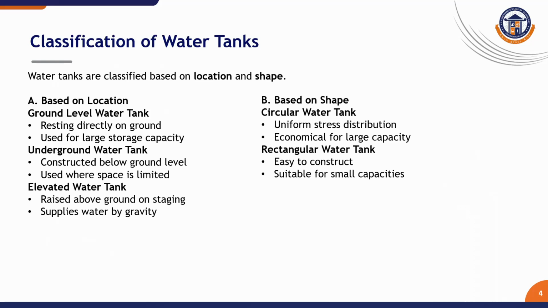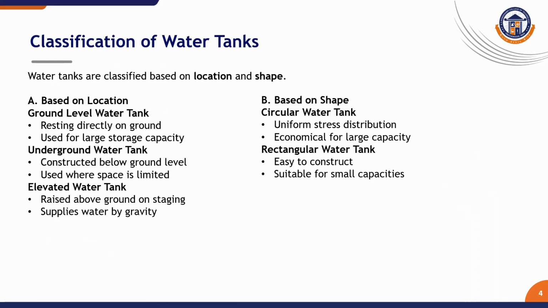Water tanks are classified based on locations and shapes. Based on locations, a ground level water tank rests directly on the ground, used for larger storage. An underground water tank is constructed below ground, used where space is limited.